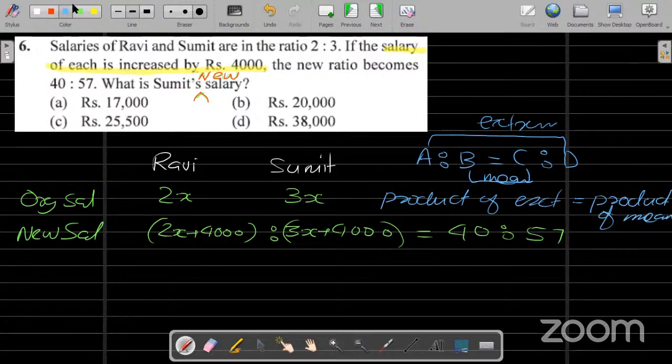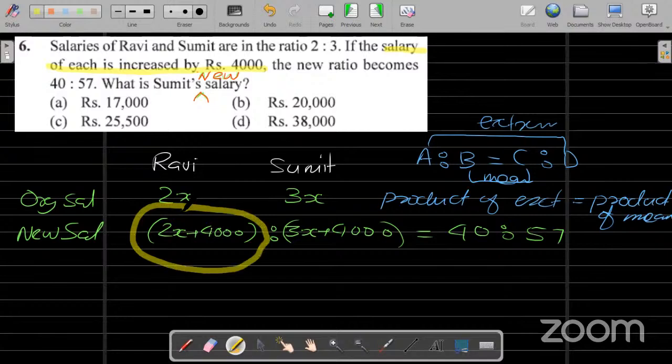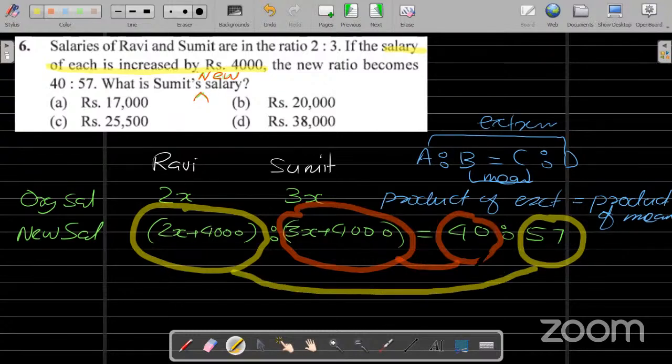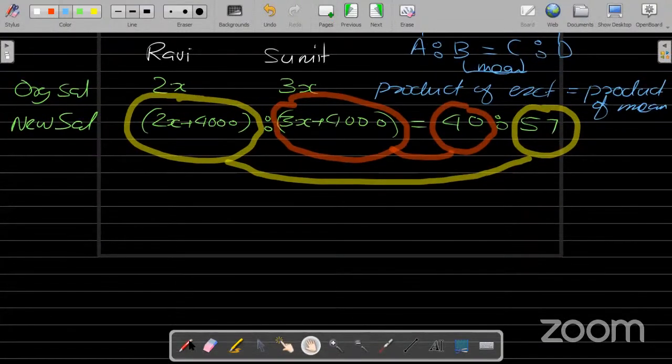Here the extreme elements are 2x plus 4,000 and 57, whereas the means are 3x plus 4,000 and 40. So the product of extremes equals the product of means. Please minimize your paperwork while doing the question, but I'll write some steps which are not at all needed to answer the question.